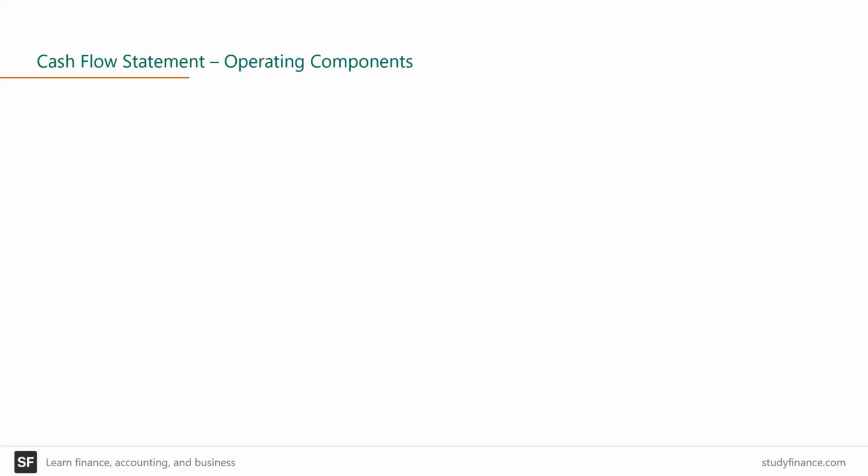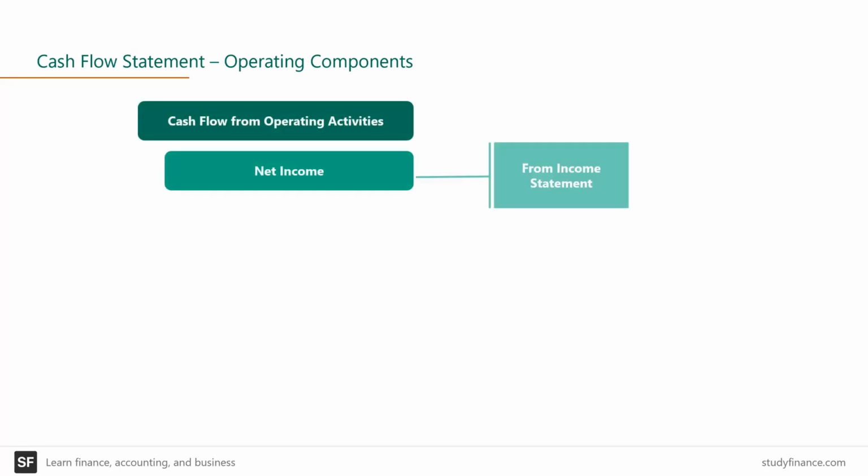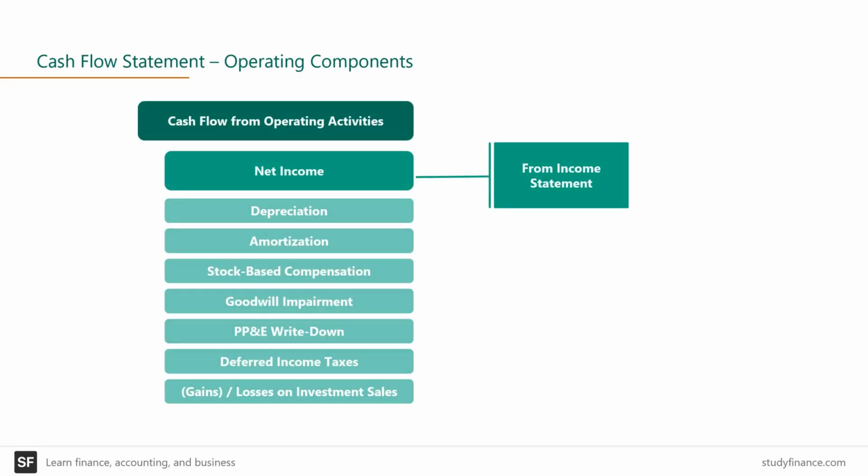We'll start off our examination of the cash flow statement first with cash flows from operating activities. The first item we'll input is net income, which is taken directly from the income statement. Then we must adjust for non-cash items such as depreciation, amortization, stock-based compensation, goodwill impairment, PP&E write-downs, deferred income taxes, and any gains or losses on investment sales.